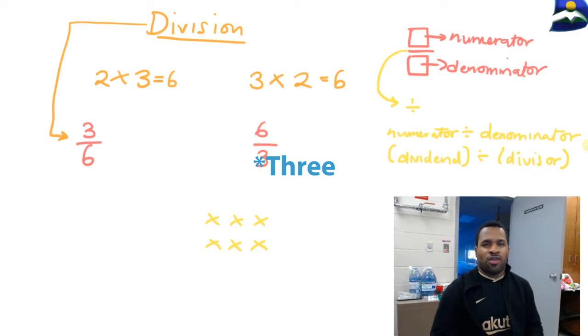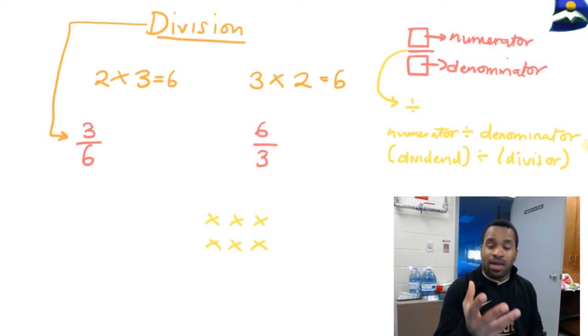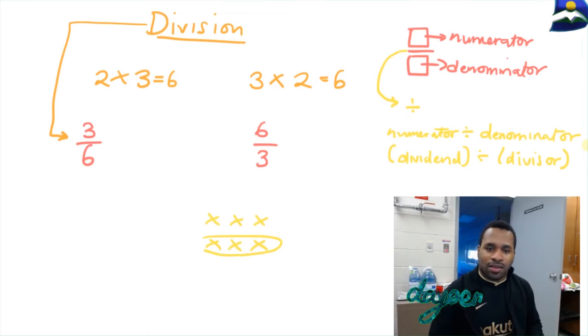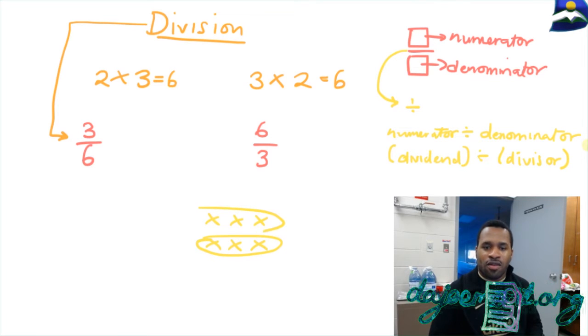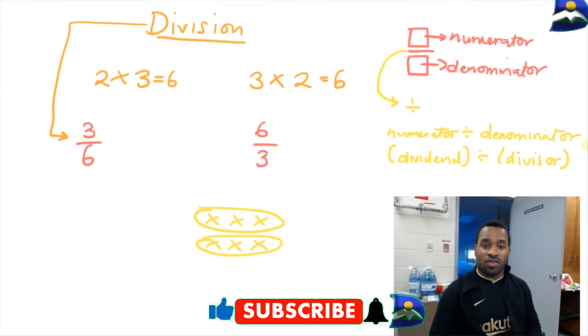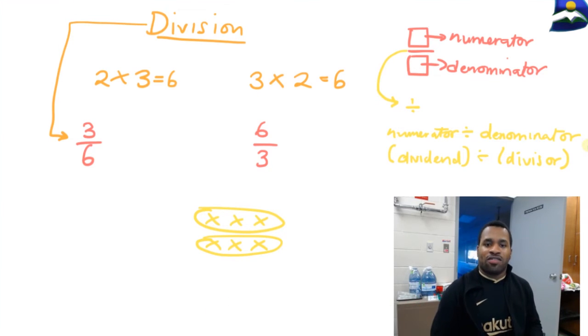How many groups do you have in 6, where you make 3 members in one group? So we have 3 members, 3 members. The dividend is the total number of materials, while the divisor is, in this case, groups of 3, and so we have 2 groups.